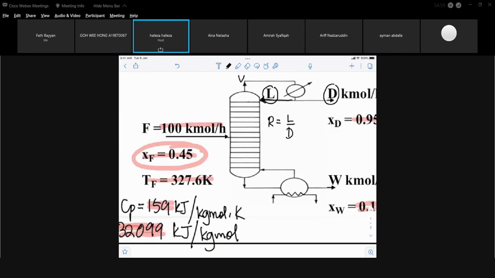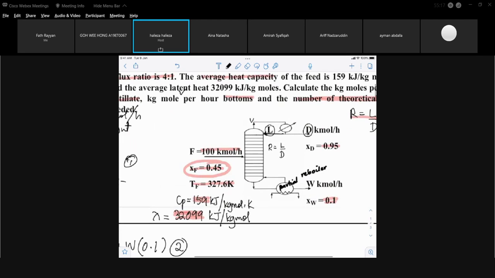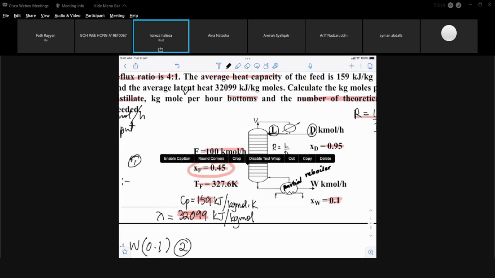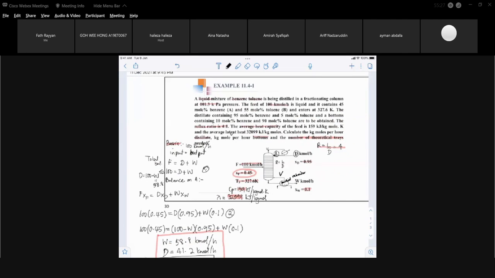This partial reboiler is one stage because the separation is an equilibrium there. This is your vapor and this is your liquid, so the vapor and the liquid are in equilibrium. That partial reboiler is considered as one stage.